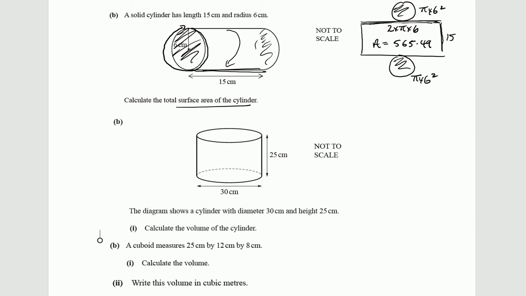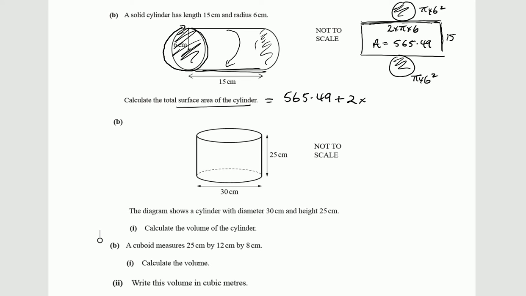Now of course you can remember all of this just as formulas that you've memorized, but if you haven't memorized those formulas, or you want to just be sure, that's how we break it down. So the total surface area is that rectangle, 565.49, plus 2 lots of those circle areas that we've got there.